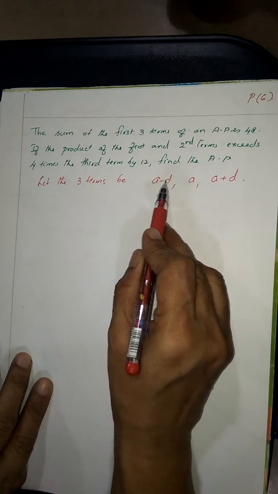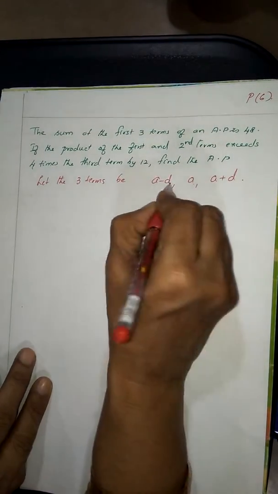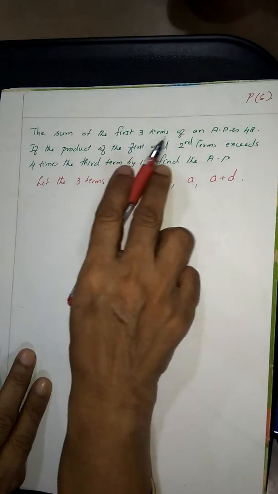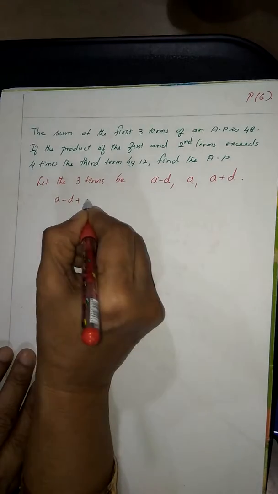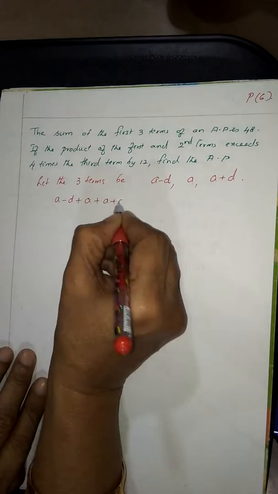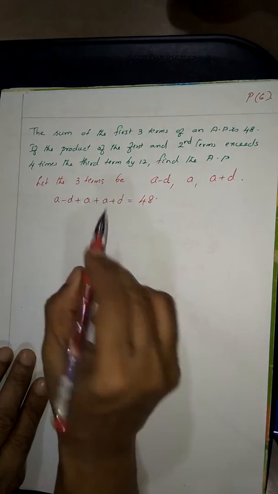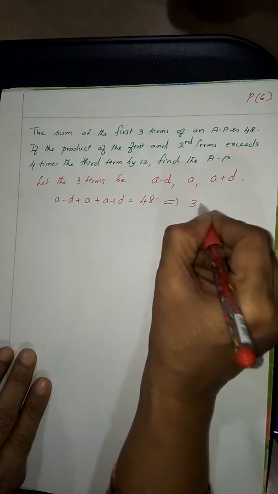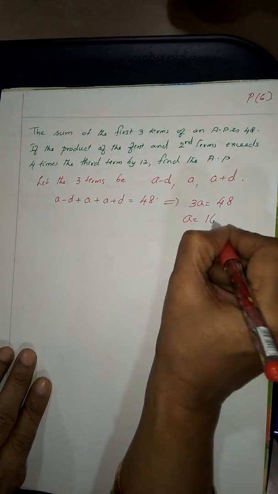So you should always take A minus D, A and A plus D. Now the sum of the first three terms is 48. So A minus D plus A plus A plus D is equal to 48. D and D will get cancelled, so 3A is equal to 48. So A is equal to 16.